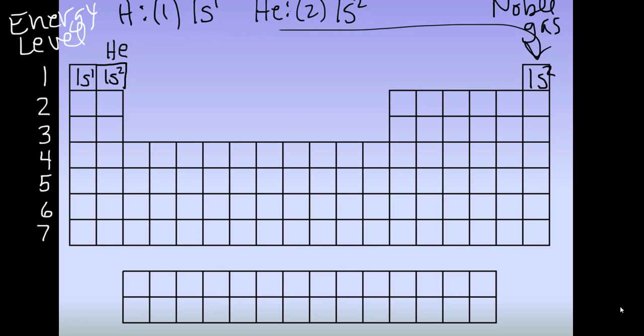All right, I'm just going to get rid of this little line here so I have some extra room. All right, let's go to the next element. So the next element is lithium. It has 3 electrons. So it's going to have everything that came before it. So it's going to have the same electron from hydrogen and from helium, and it's going to have its own. So a total of 3 electrons.